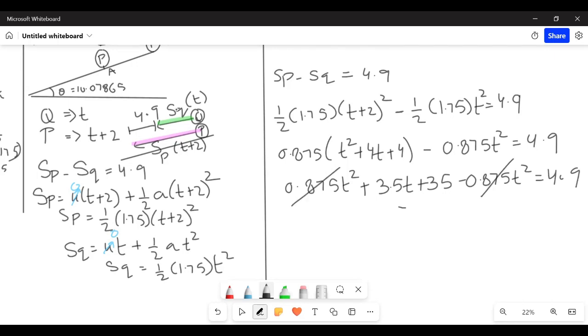These get cancelled. We have 3.5 T equals 4.9 minus 3.5, which is 1.4. And then T is equal to 1.4 over 3.5, which is 0.4. 0.4 seconds is the correct answer.